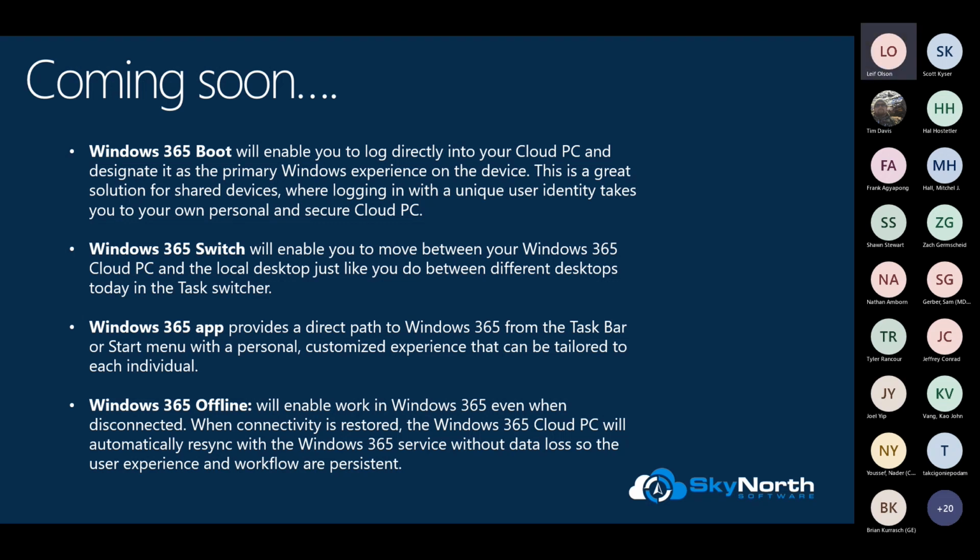They're building the Windows 365 app into Windows 11, and it's supposed to be downloadable on Windows 10 when it comes. This is just to help streamline those services and functionality. And then Windows 365 Offline: when your connectivity is disconnected, it'll resume those changes without data loss.